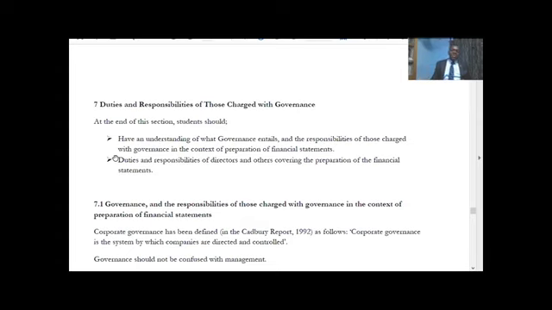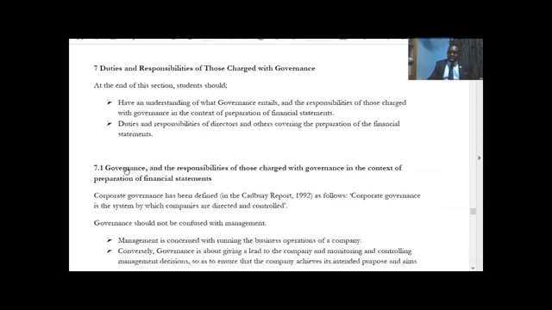If you have time, just check online and learn more about it, how it came into being and its importance to the business environment. So corporate governance has been defined as the system by which companies are directed and controlled. That's what is meant by corporate governance.